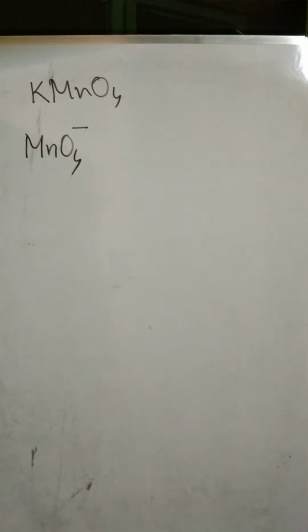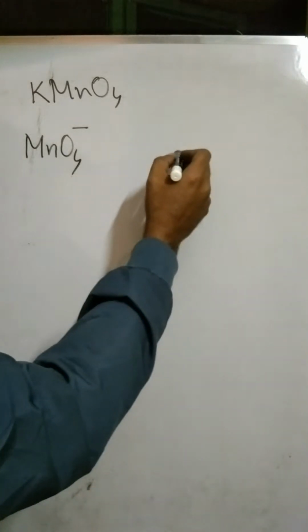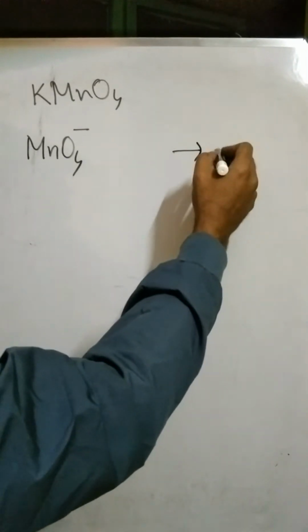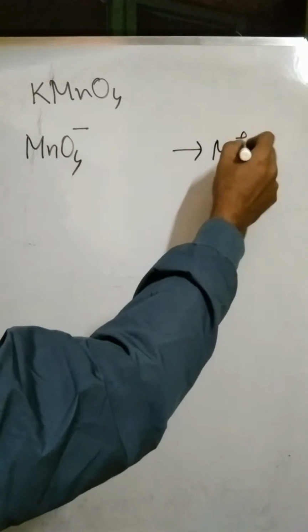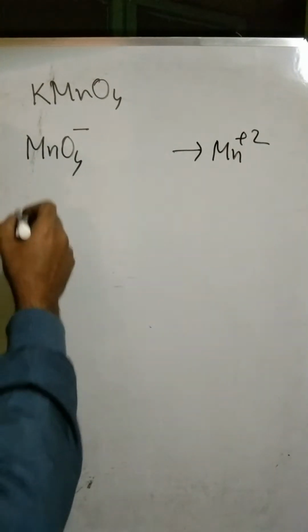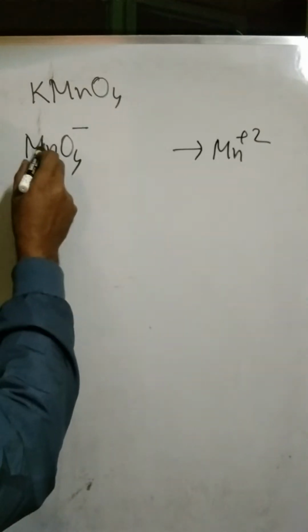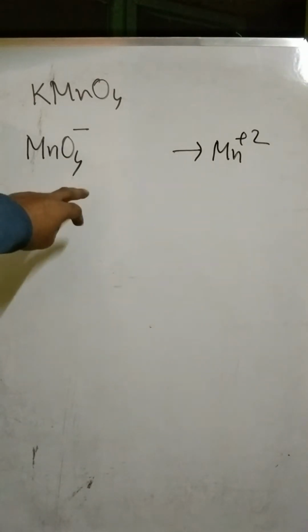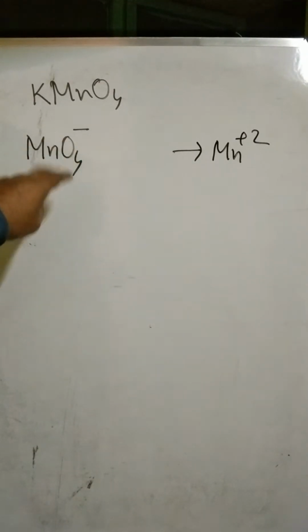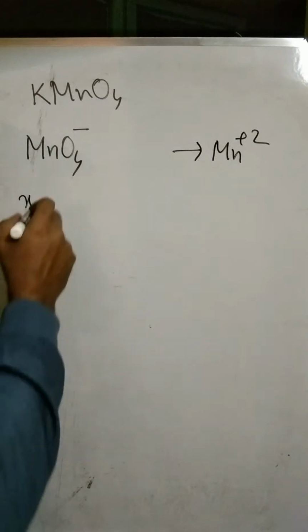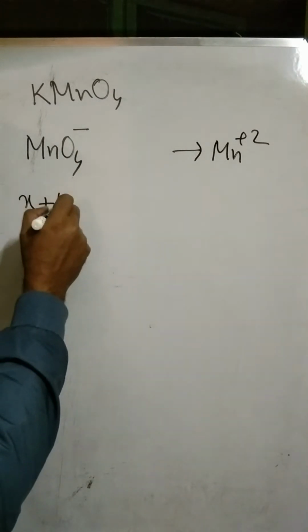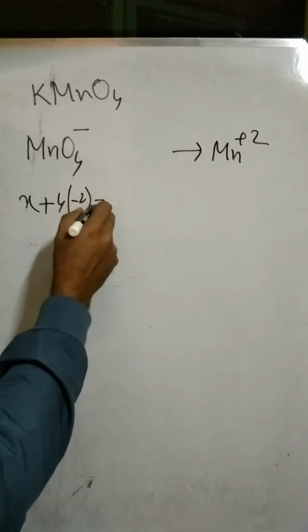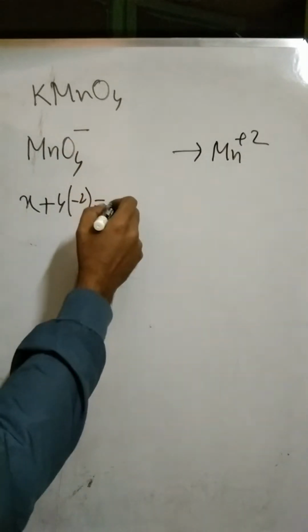So the permanganate ion in acid medium converts into Mn plus 2. How can you calculate the oxidation state of manganese? Let the oxidation state of manganese be X. For each oxygen a -2 charge is associated. So for 4 oxygen atoms there is 4 into -2, that means -8, giving the overall charge of -1.